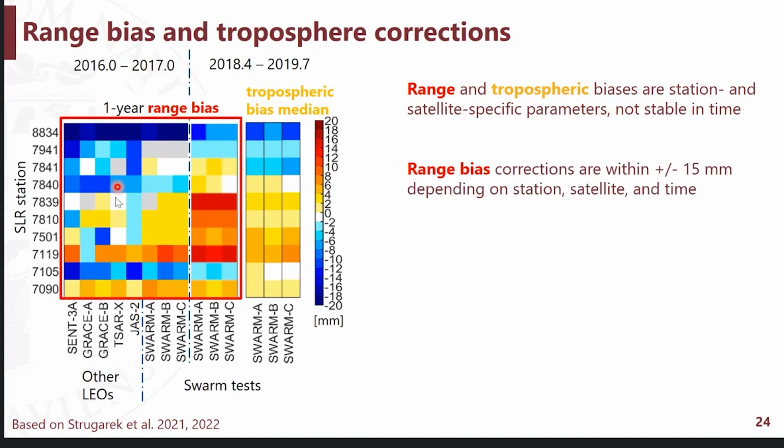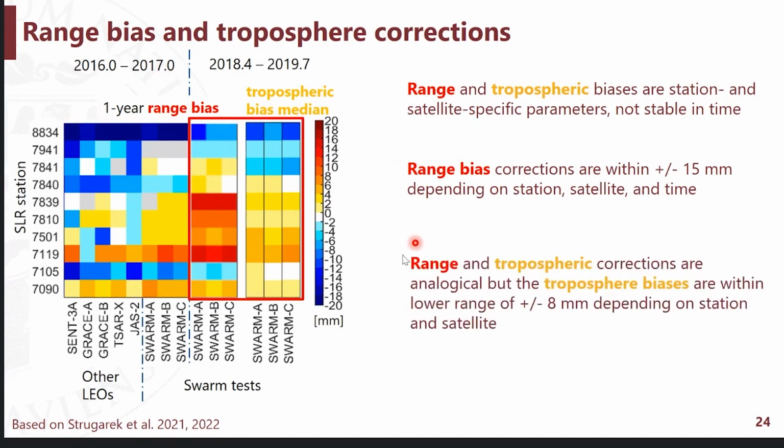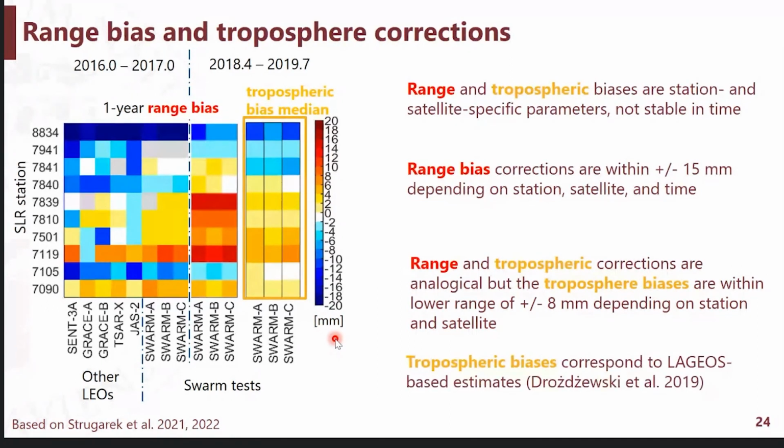Range biases are within a range of about plus minus 15 millimeters, depending on station and satellite, whereas in the case of Swarm satellites, range and tropospheric corrections are analogous to each other, but tropospheric corrections are within the lower range of about plus minus 8 millimeters, depending on station. And values that I have calculated correspond also to the LAGEOS based estimates.